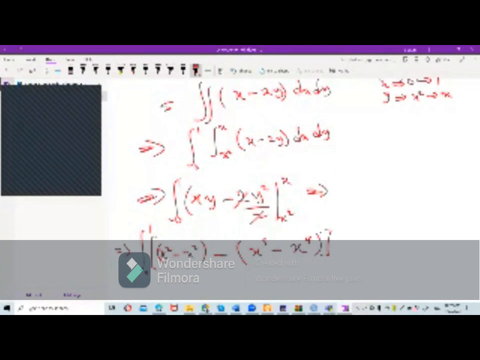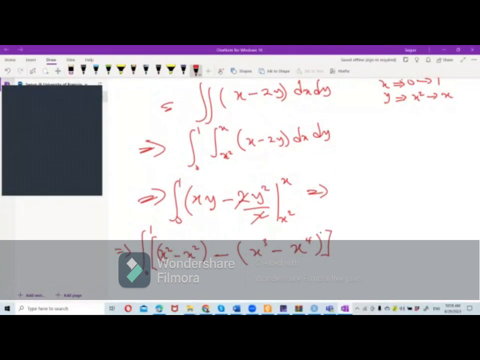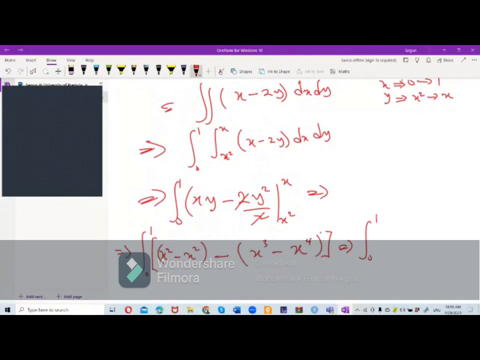So you can see the first one is 0. You don't need to trouble yourself. The second one: you know there is a negative here. If I open the bracket, I'm going to have integral of 0 to 1, x raised to the power 4 minus x raised to the power 3 dx.